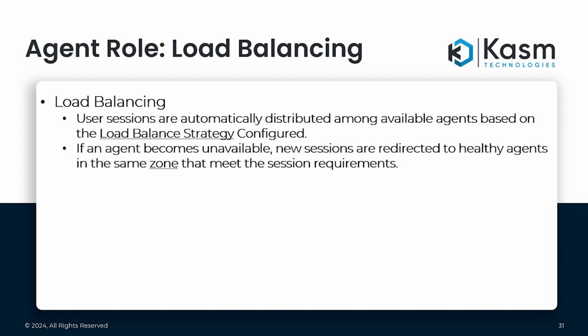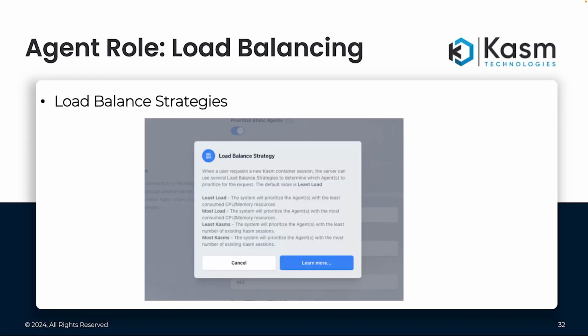So I highlighted these 2 terms, load balance strategy and zone. Let's dive in and explain what those are. For load balance strategy, by default, and this is just a screenshot straight out of the UI, Kasm does a least load balancing scenario.